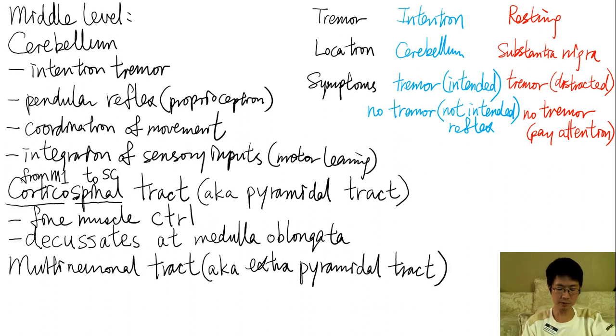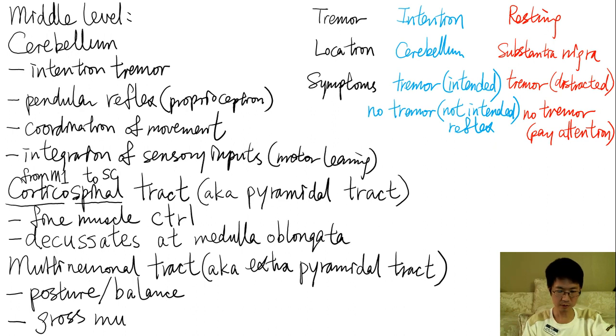What's the function? The function is for posture or balance. Another function, gross muscle control. So for fine muscle control, you have the cortical spinal tract. For gross muscle control, you have the multi-neuronal tract.